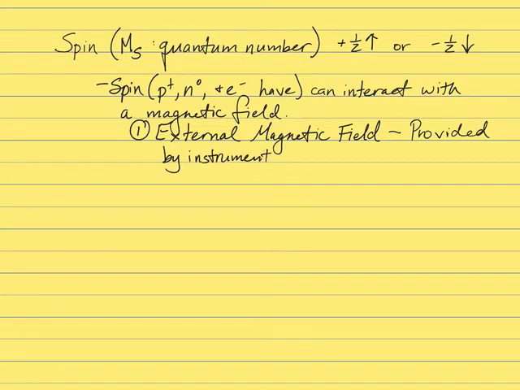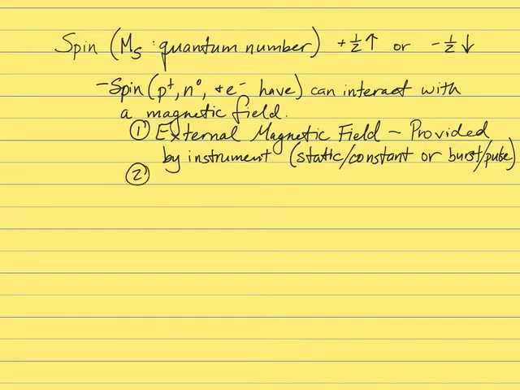It is either a static constant field or a burst or pulse of magnetic radiation. Actually, NMR spectroscopy uses both of those types of external magnetic fields.